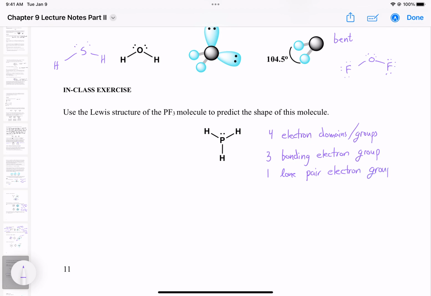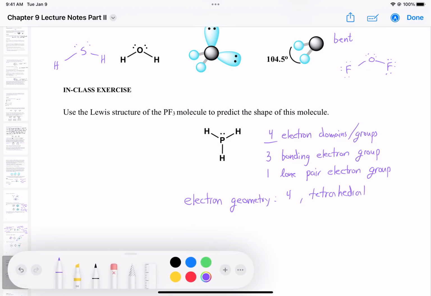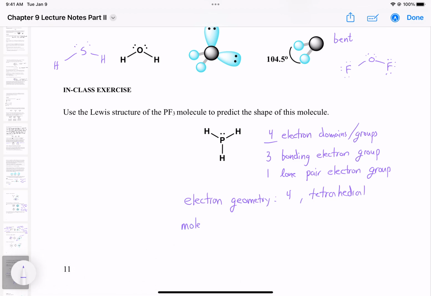So when we have a relationship of 3 to 1, the electron geometry is still going to be tetrahedral because there's 4. So for electron geometry, we look at the total number of electron domains. So it's still going to be 4. So that is going to be tetrahedral. Okay? Now we look at the molecular geometry. For the molecular geometry, we have to look at the lone pairs.